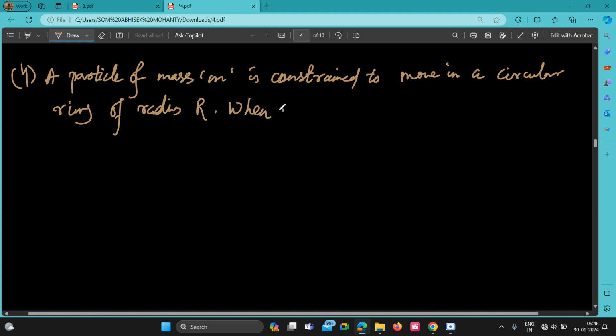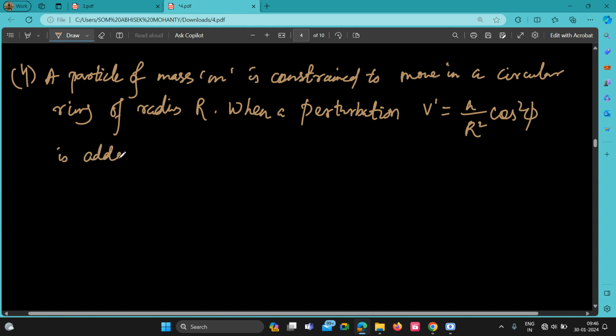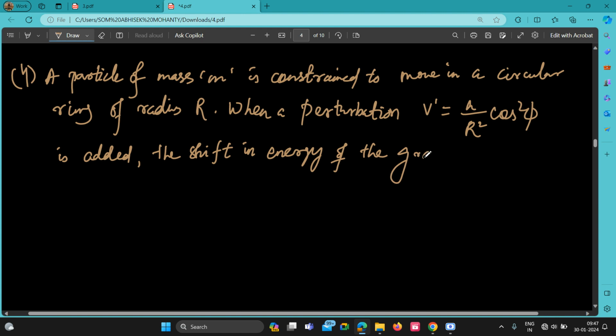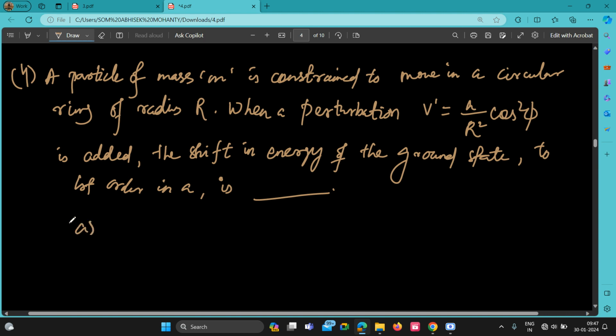When a perturbation V dash is equal to A by r square cos square phi is added, the shift in energy of the ground state to first order in A is: option A, A by r square; option B, 2A by r square; option C, A by 2r square; option D, A by pi r square.